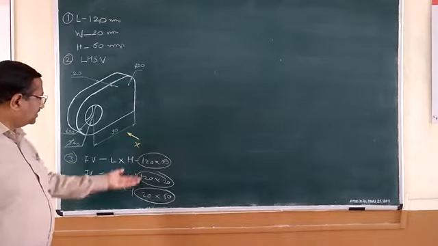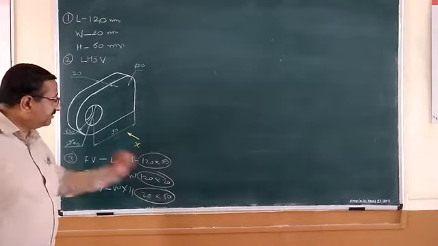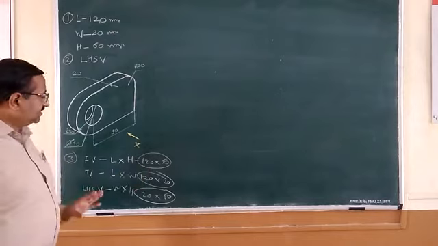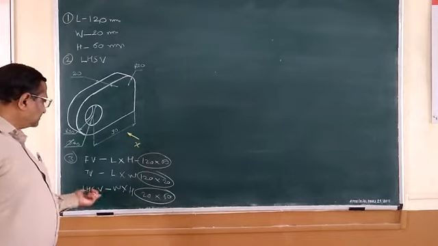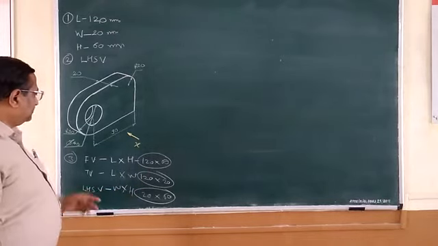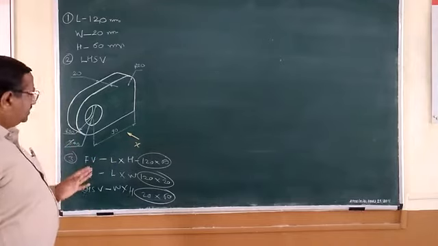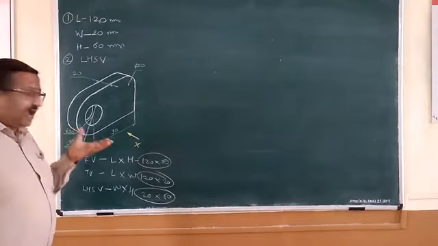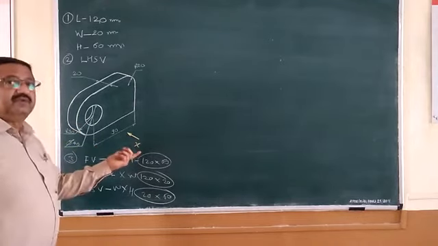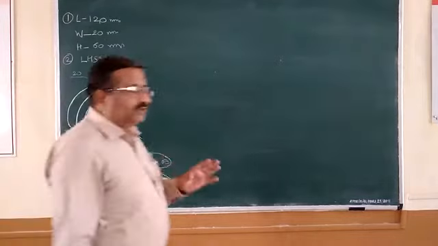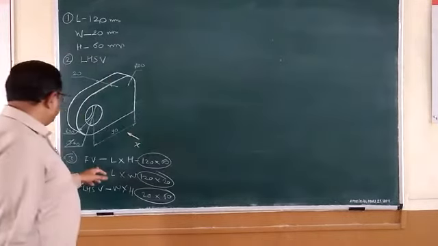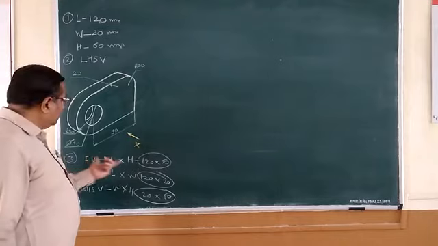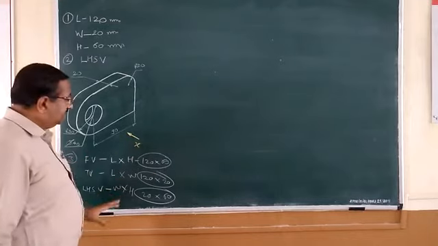Comparatively, the top view area is somewhat small. Width is 20. And side view area is 20 by 60. Height is 60. So the maximum space will be occupied by the front view. It is the largest area of all.